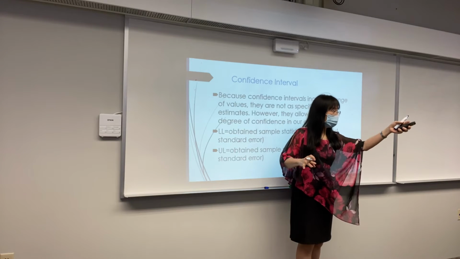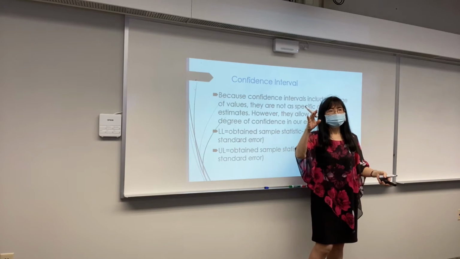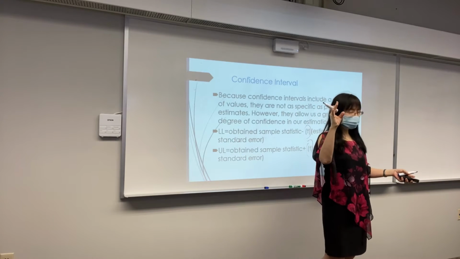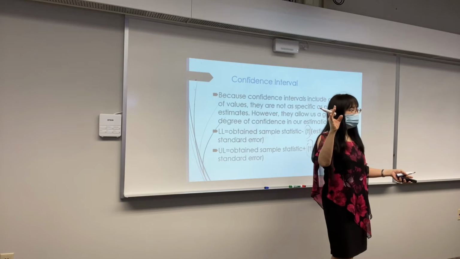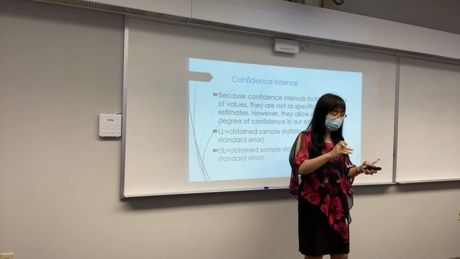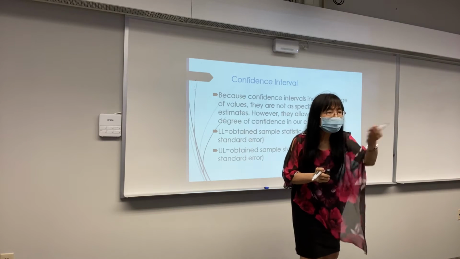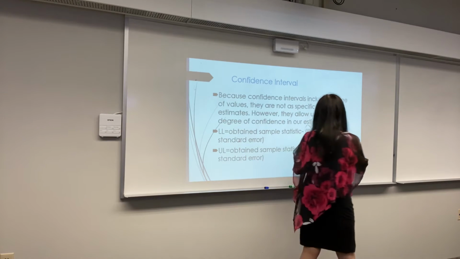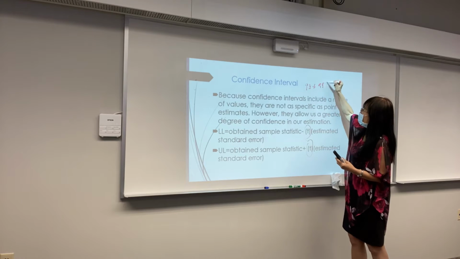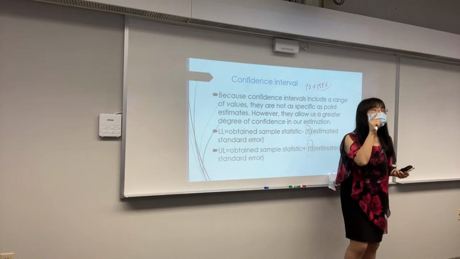T obtained. Context clues. It says obtained. Wrong. Critical. Okay, so if you calculate T obtained, don't put it there, okay? Because we use T critical to predict. And for this T critical, that's why we put 95% or 99%. So that means when you see 99%, you get a T critical from 0.01.